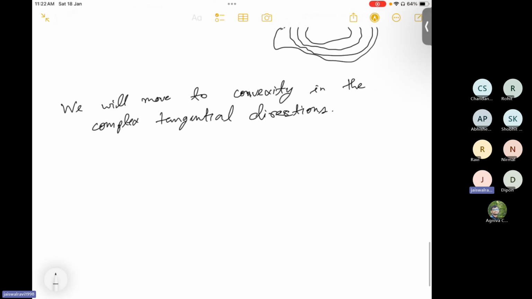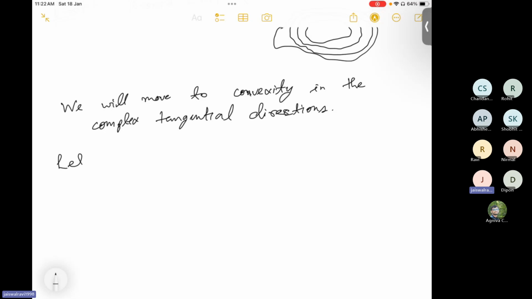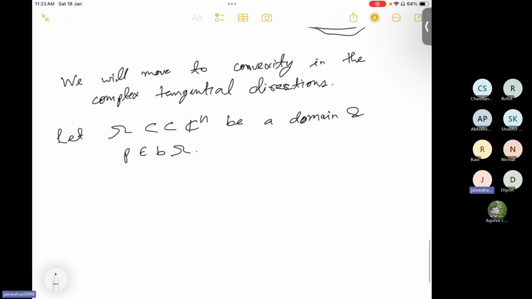Let omega be compactly contained in Cn, so now we are in Cn, a domain, and p is in the boundary of omega. For that we have to define convexity in the complex tangential direction. So first we will have to make sense of what is the complex tangential direction.